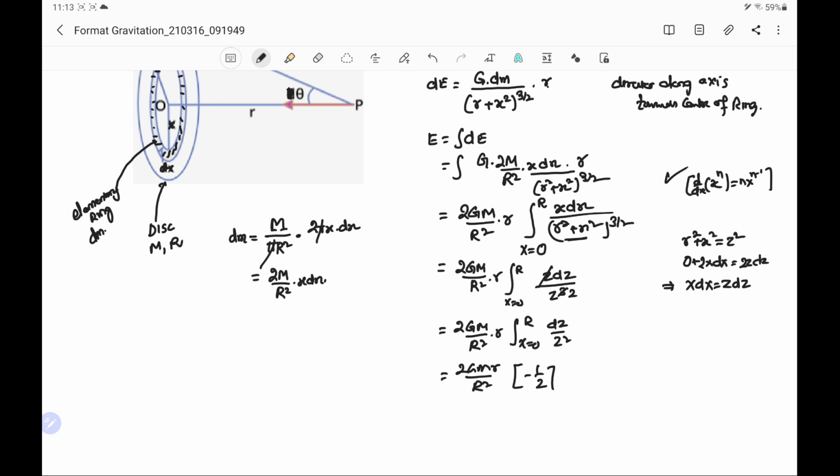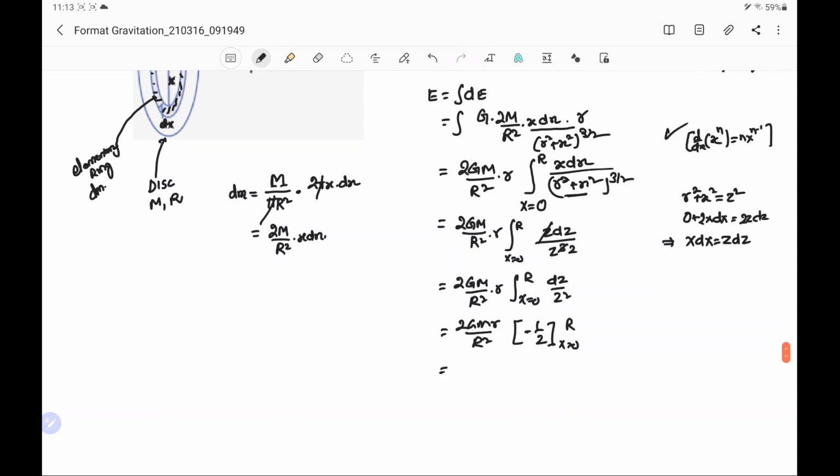This is the integral of 1 by z square, and we put the limit x equal to 0 to R. Because the limits are in terms of x, we replace z with the original formula, that is 2GM upon R square into r, minus 1 by z, where z square is r square plus x square, so z is root of r square plus x square, and the limits are 0 to R.